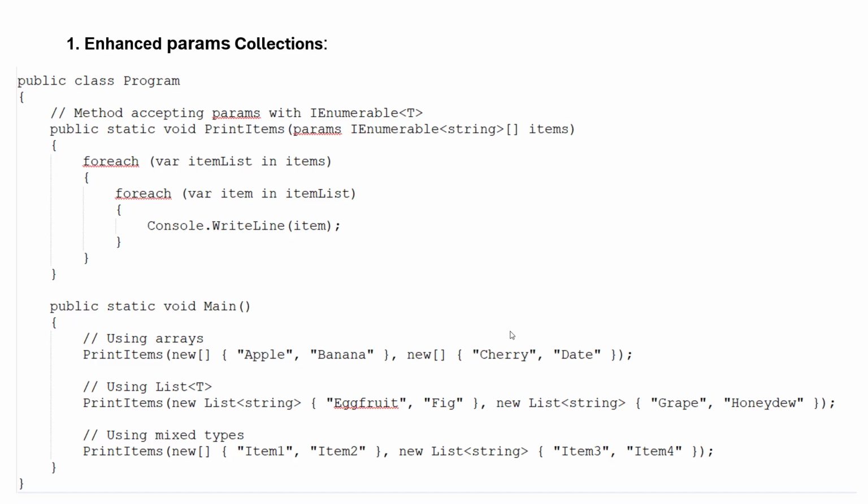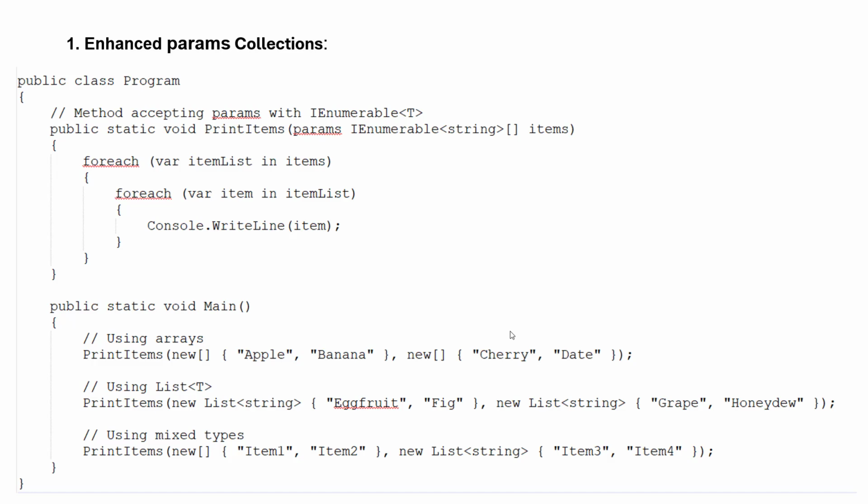Arrays are inherently compatible with IEnumerable of T, so there is no issue. You can also use a List of T. This method is called with a list of strings, which is also implemented by IEnumerable of T and can be passed directly.